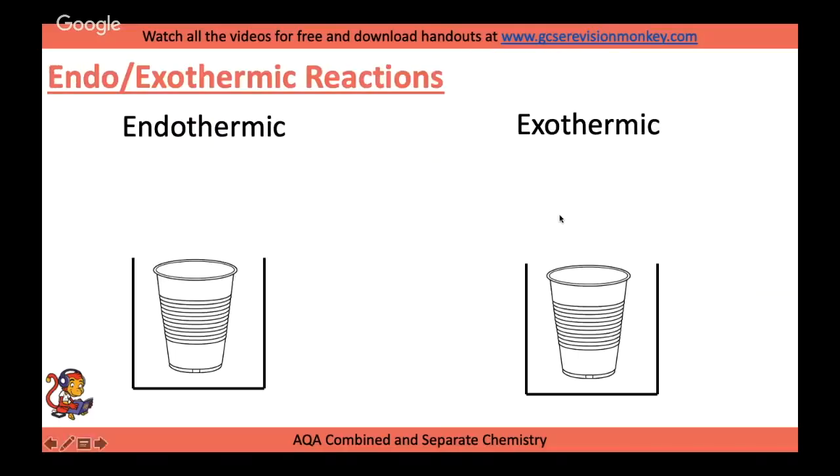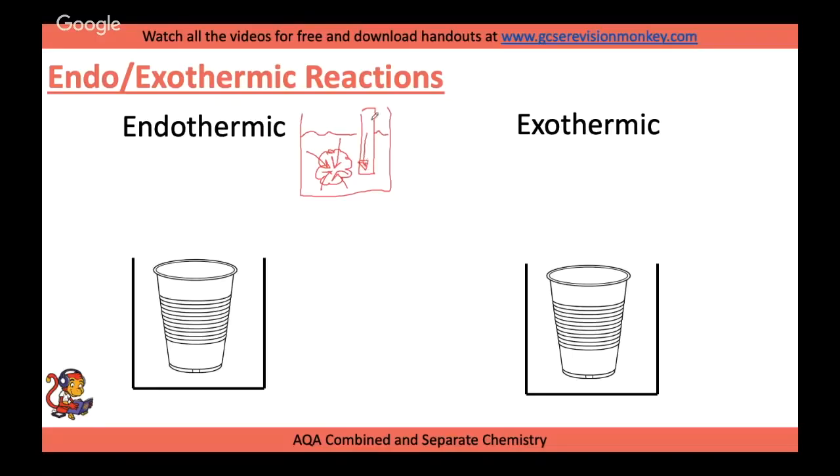The next required practical is the endothermic and exothermic reactions practical. What I want you to think about is if this is the reaction going on here, and you put a thermometer next to it, in an endothermic reaction, it will take in heat from the surroundings. So that will actually mean that the reading on the thermometer will go down.